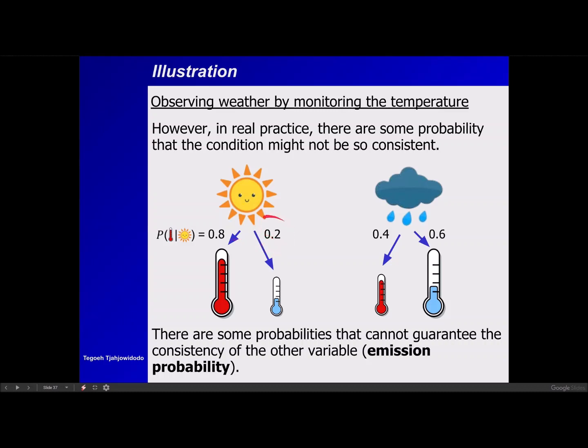The counterpart, the 20% probability, can be written as the probability of having cold temperature given sunny weather. As well as the other two, the probability of having warm temperature given rainy weather is 40%, and the probability of having cold temperature given rainy weather is 60%.